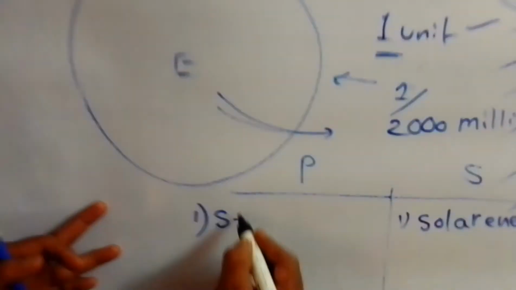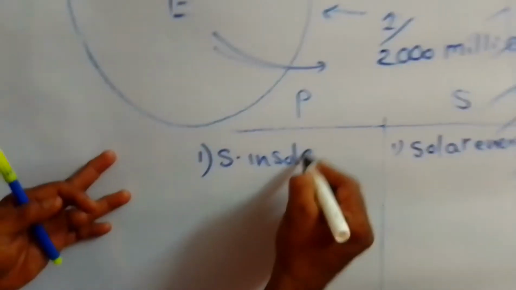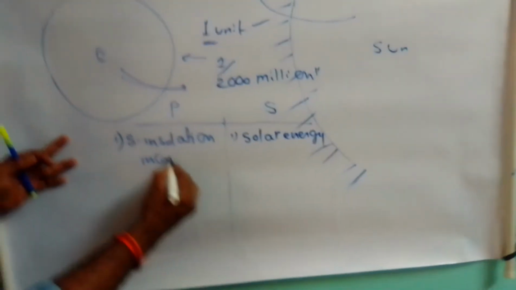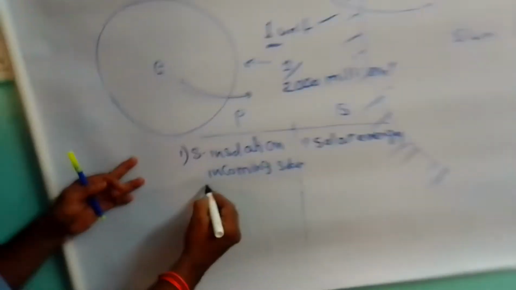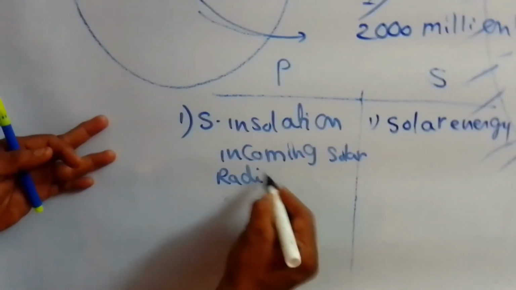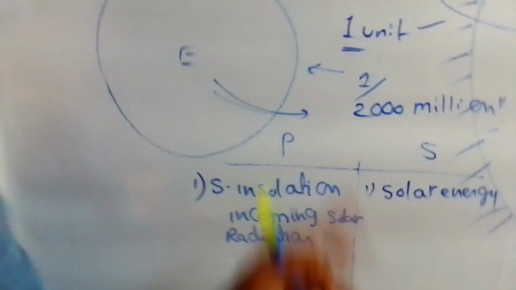Solar energy. This is insolation. So what does insolation actually mean? Incoming solar radiation. Insolation's full form is incoming solar radiation.